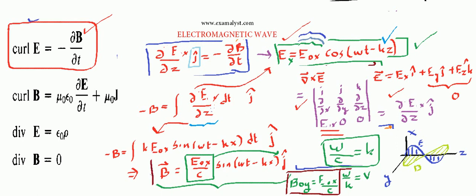So this ends your electromagnetic wave lecture here. So what are the three points we learned? Point number 1: Maxwell's equations, these are the four Maxwell equations, contain the wave equations.